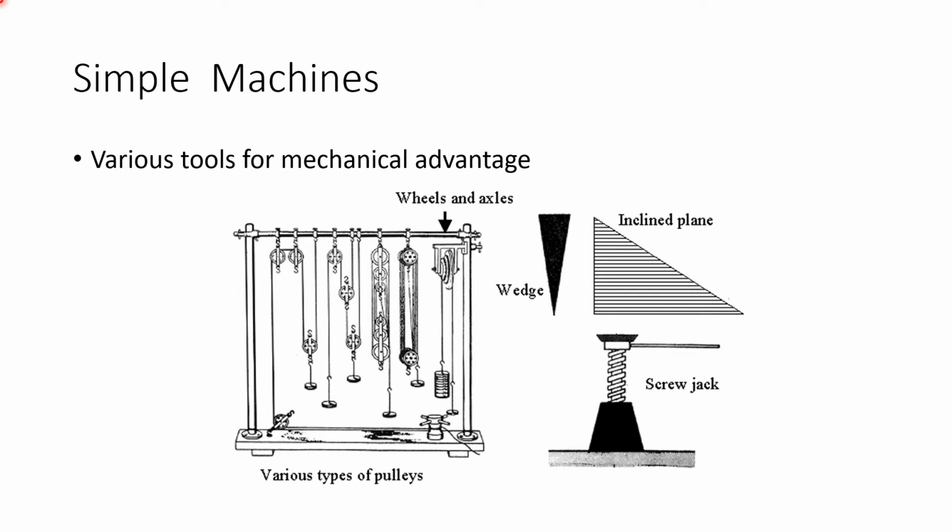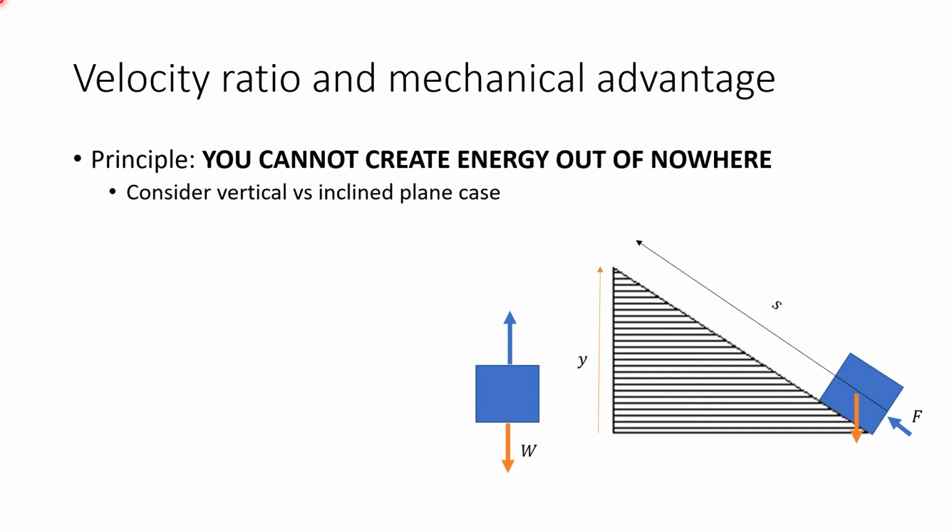When we talk about force, let's say we want to lift an object along the y-axis. In this case, there are two concepts we want to talk about: the velocity ratio and the mechanical advantage. The main concept is that you cannot just create energy out of nowhere.